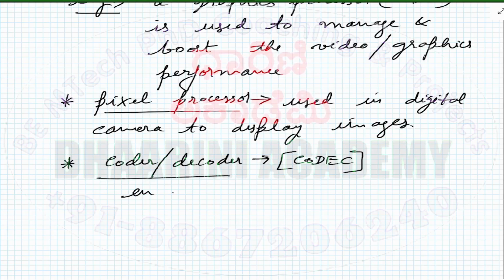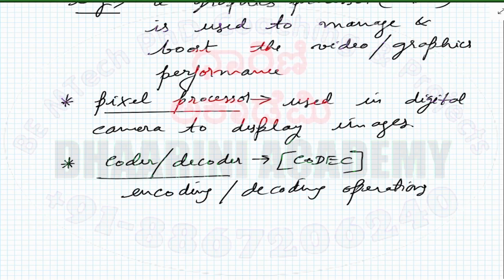So this is performing encoding or decoding operations. All right, so like this we have many applications which every specific embedded system can incorporate in addition to the main processor to increase its overall performance.